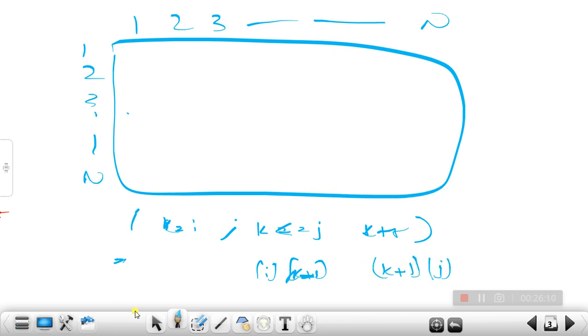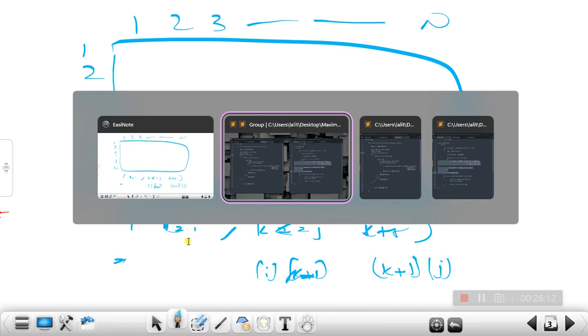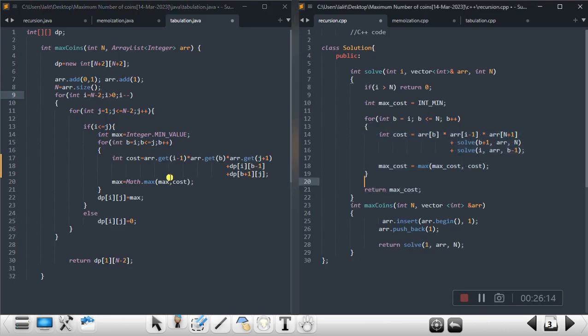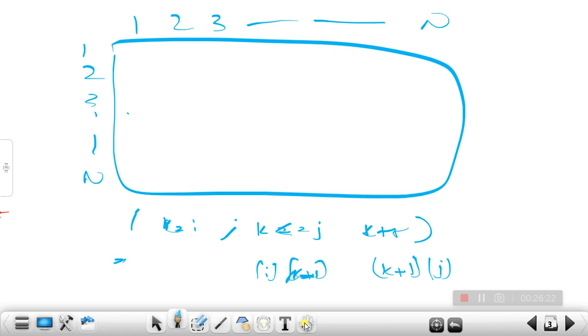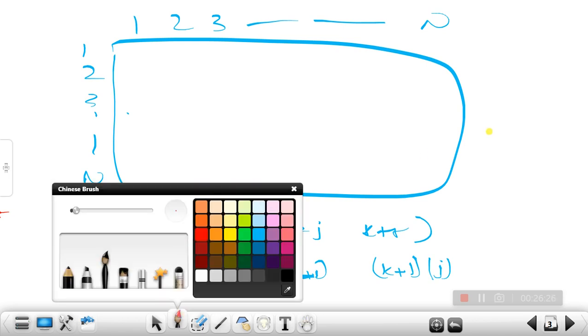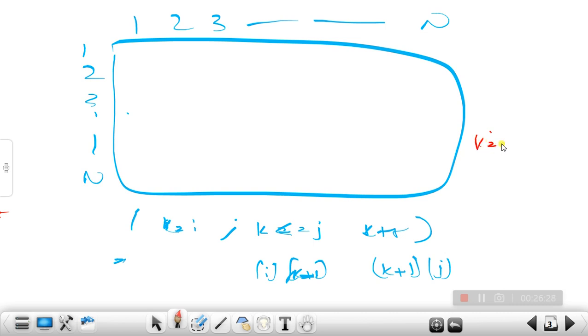If you see the tabulation approach, what I'm doing here is I'm asking from dp of i and k minus 1, and dp of k plus 1 and j. So if I start from k equals to 0 to k is more than 5, each time I'm asking from the previous column and the next row.